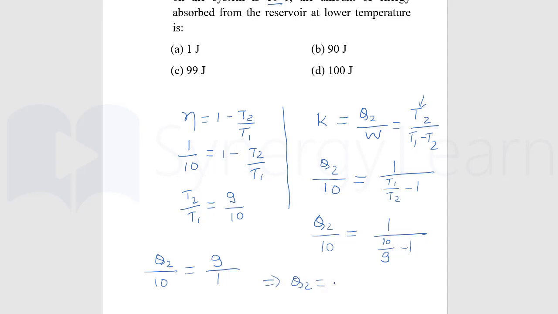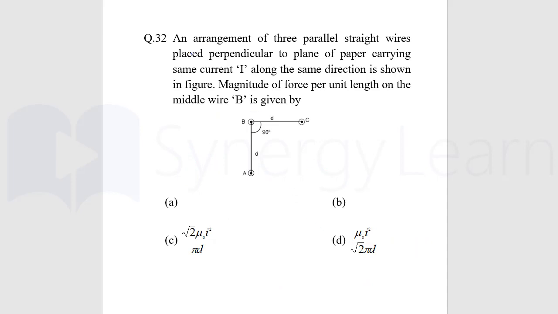is 90 joule. In question number 32, it says an arrangement of 3 parallel straight wires. So these are the parallel straight wires placed perpendicular to the plane of paper, carrying current I along the same direction. They carry current I outwards, that is in the same direction.